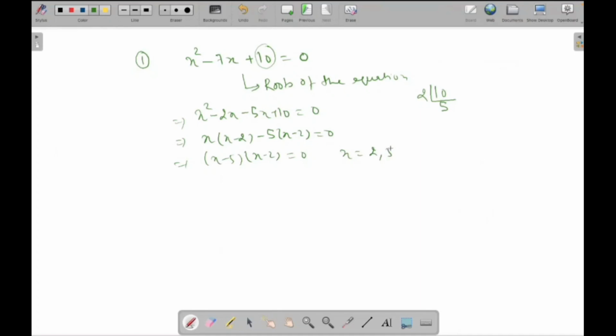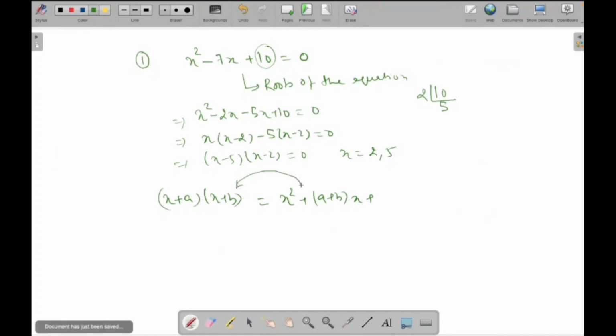Okay, so what has happened here is that if you look at this, we had this identity x plus a into x plus b, and this identity used to be equal to x square plus a plus b into x plus ab. Now, whenever we are trying to factorize it, we are trying to get back to this level.